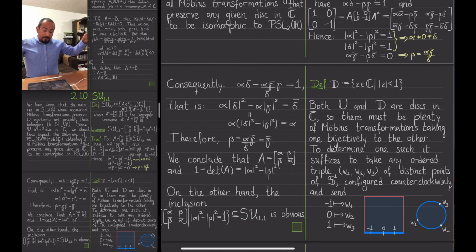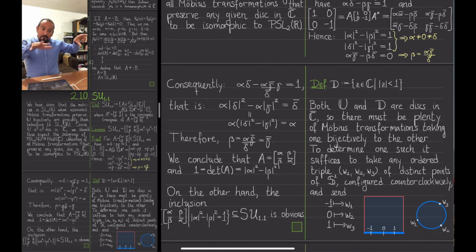Look at the circle which is the boundary of D, namely the unit circle. Take 3 points in R bar. Take 3 points in S1.